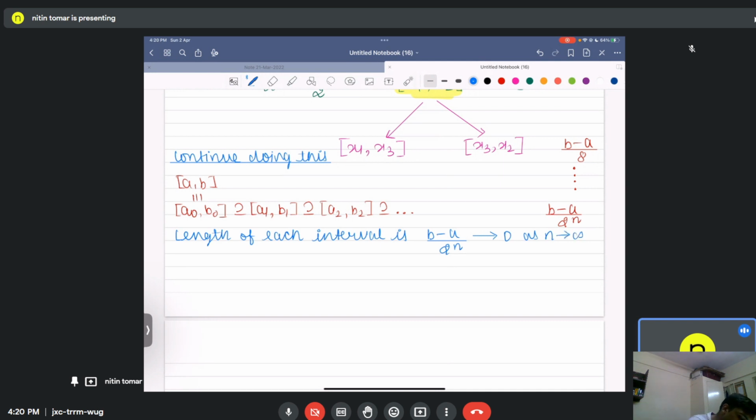Which means eventually this will end at x, where x is such that f of x is 0. Eventually you will be having a single point if you do it infinitely many times, and this is precisely the idea of the bisection method.